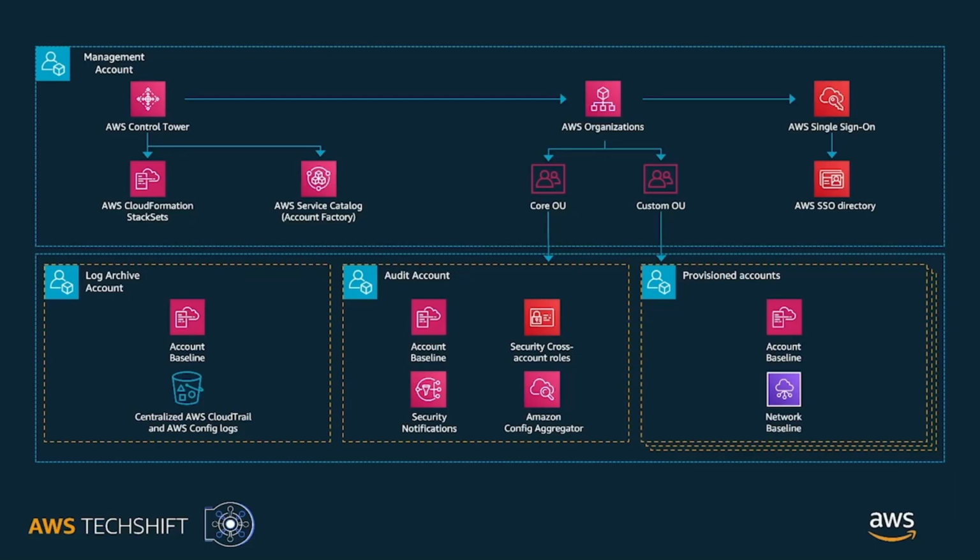The Control Tower automated landing zone enables and configures AWS CloudTrail and AWS Config to log to an Amazon S3 bucket located in a Log Archive account. It also provides federated access to accounts using AWS Single Sign-On.